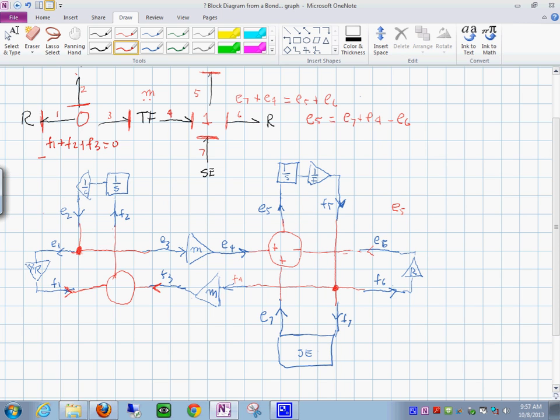Or it's the same equation that minus F1 minus F2 minus F sub 3 equal to 0.